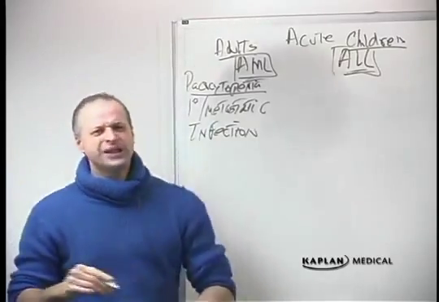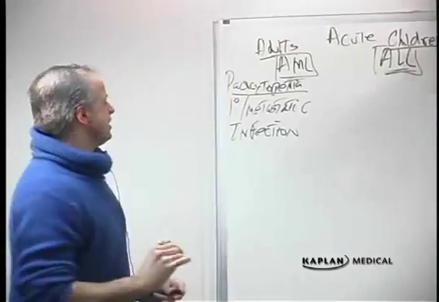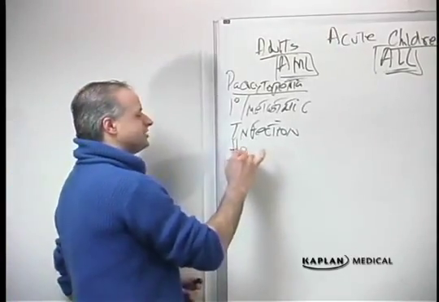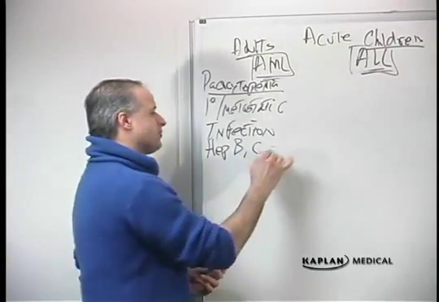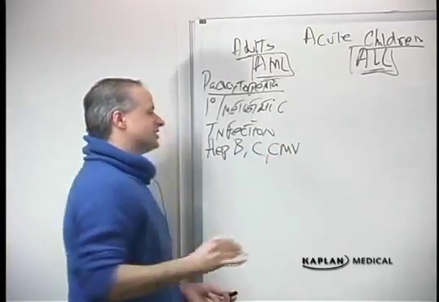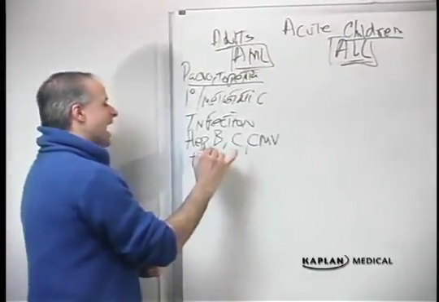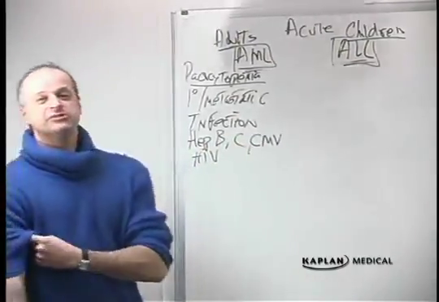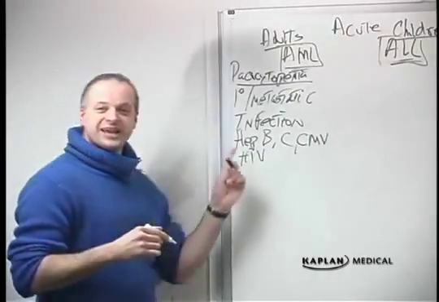TB or fungus go into your marrow and actually crowd out the other cells. The other thing is that you can have hepatitis B and C, cytomegalovirus, and HIV, actually freezing the marrow so that the marrow does not grow. So you can have any cancer and infection invading the marrow.